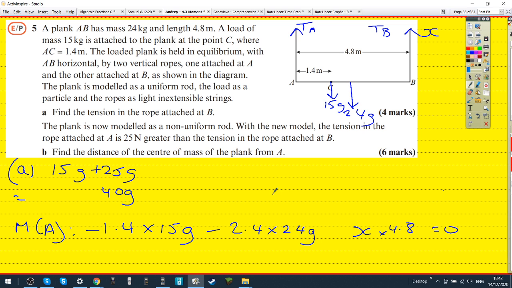And the third one, will it be negative again? This one is going anti-clockwise. So positive, okay. And then just calculator.